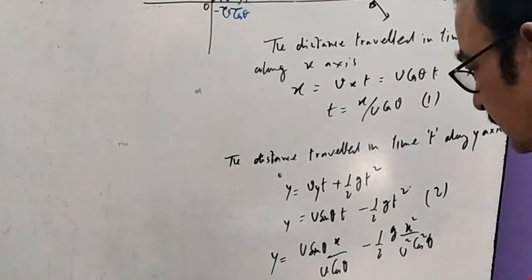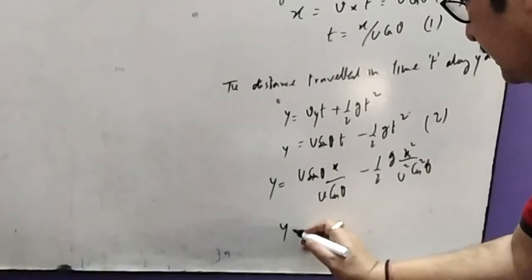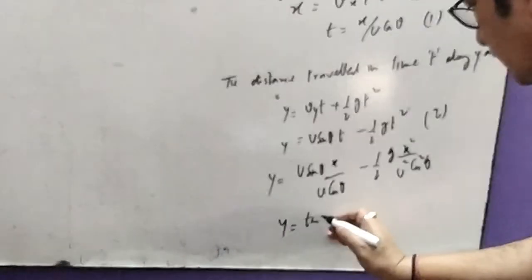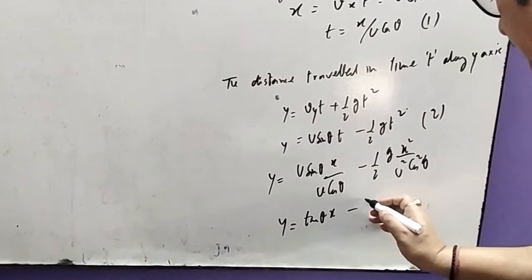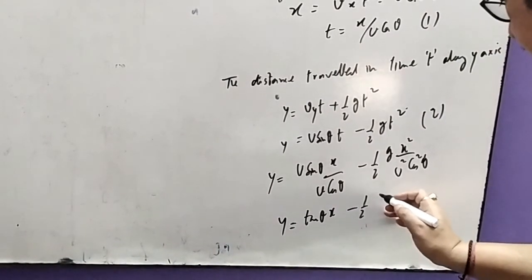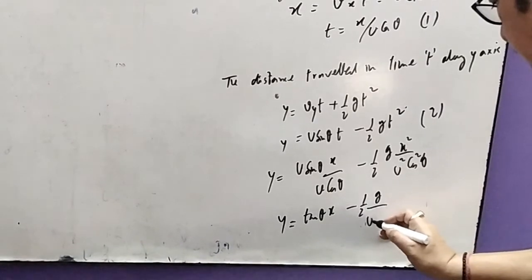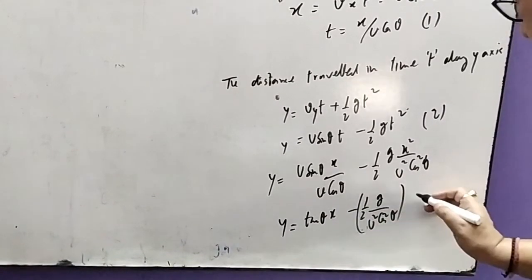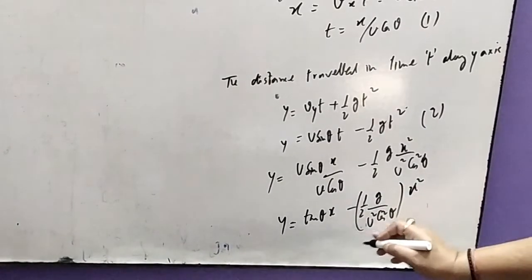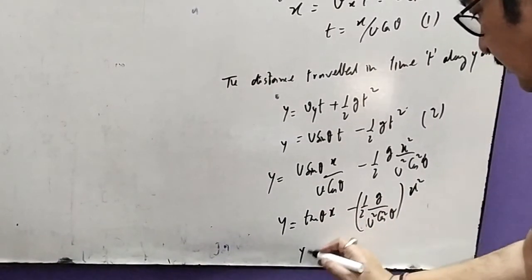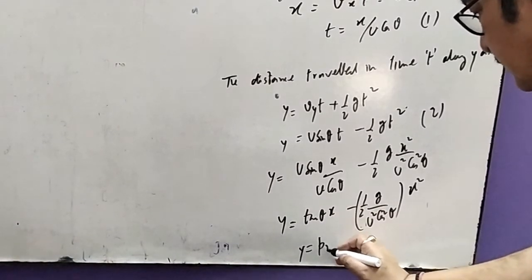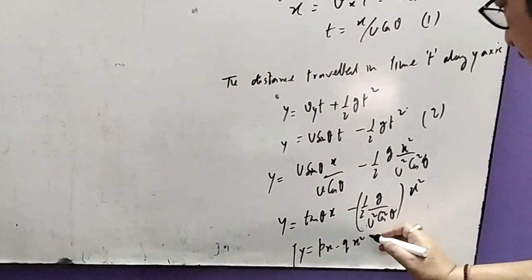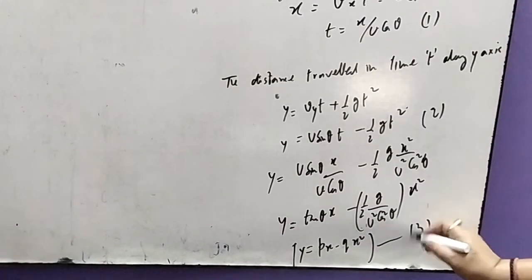Then we cancel out: y equals tan theta x minus half g upon v square cos square theta into x square. This is constant, this is also constant. We can write y equals p x minus q x square. This is equation number 3.